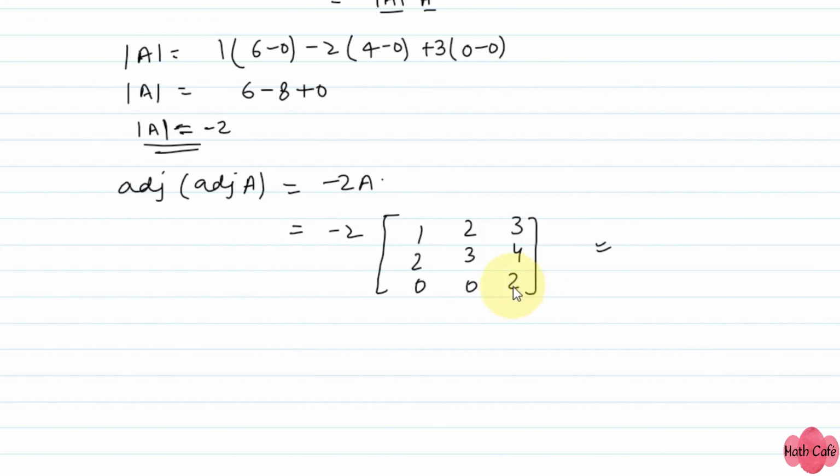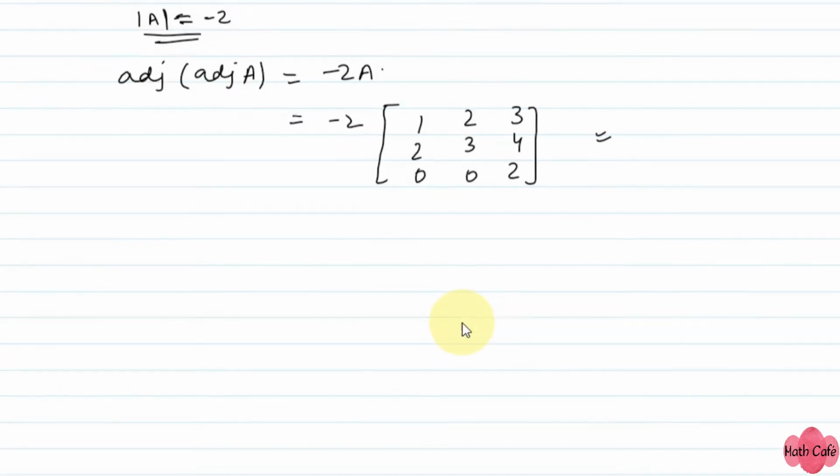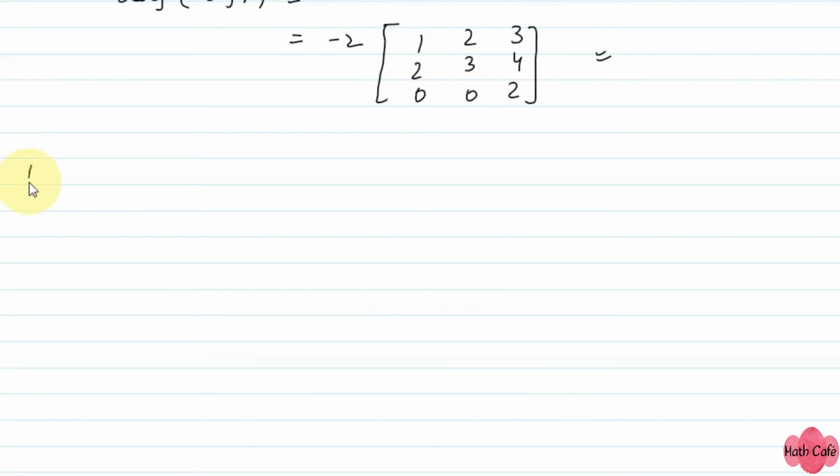Hope you understand this. Let's move to another example. It is given that matrix A is 1 0 2, minus 1 2 1, 1 minus 3 0.